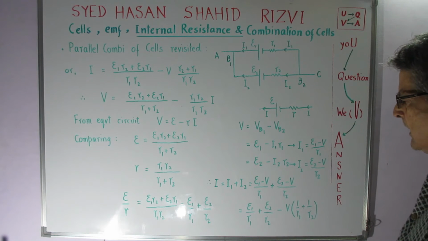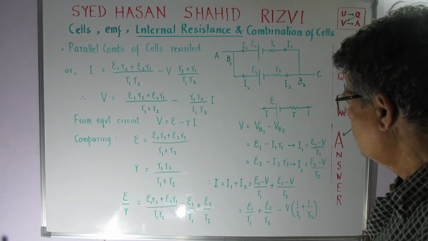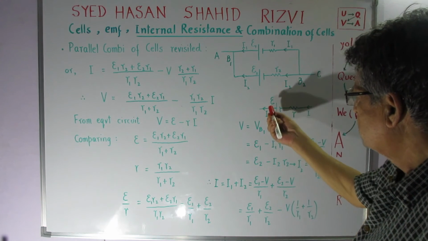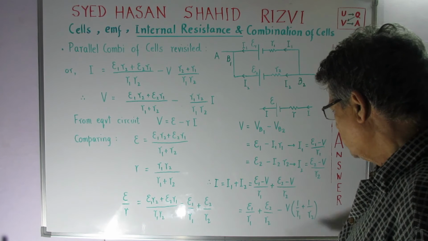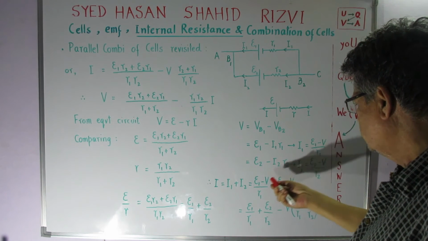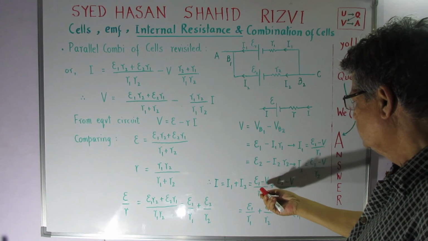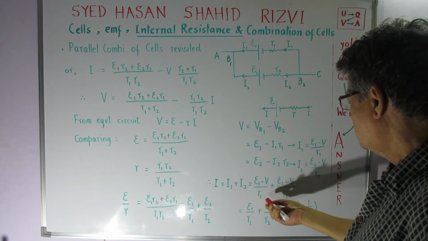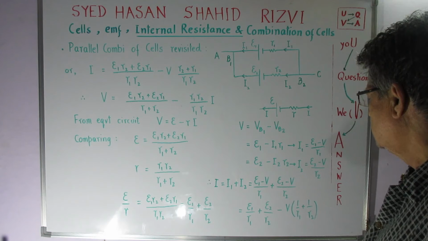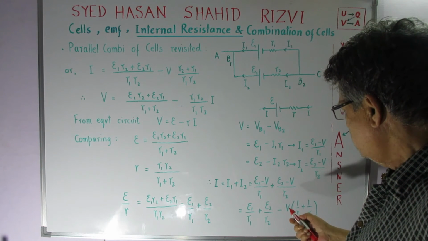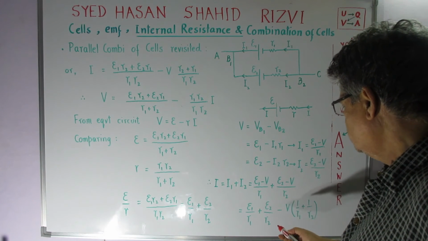Now the key thing is that I is equal to I1 plus I2. So I can substitute these values over here: this is equal to E1 minus V upon R1 plus E2 minus V upon R2. And I separate the terms.